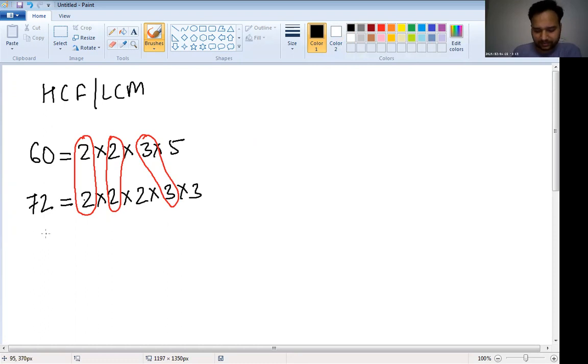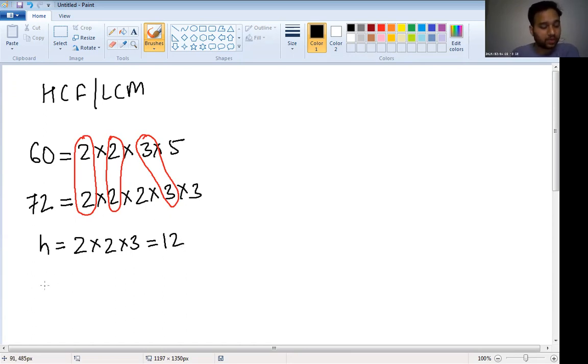Was it the HCF or the LCM? I hope you remember that this was the HCF. The common part from the prime factorization of 60 and 72 would be the HCF of 60 and 72. This would be 2 into 2 into 3, that is 12.